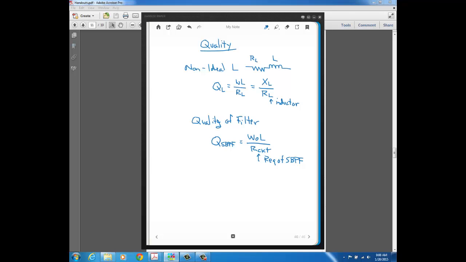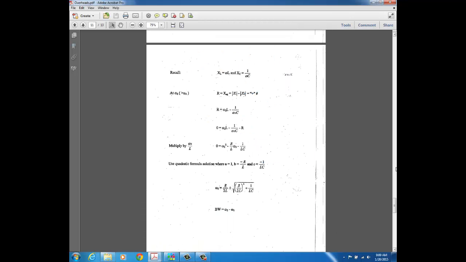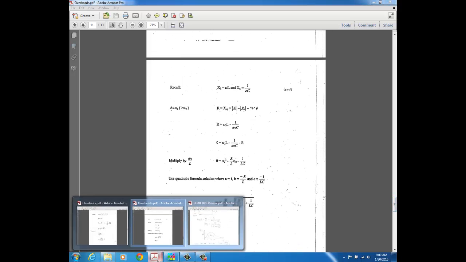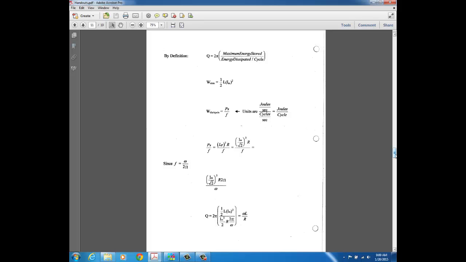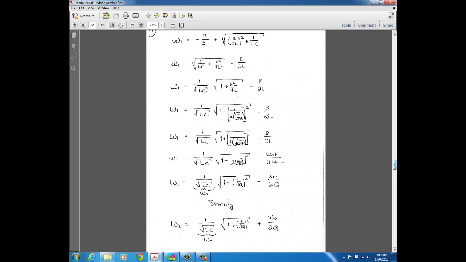Now, quality of a filter comes in handy, especially how it relates to bandwidth. So if we look at, I believe it's this handout here. Let's see, nope, not that one. Okay, if we look here, what I have on this handout, and by the way, all these handouts are available on Polylearn, so you can look at them more closely at your convenience.